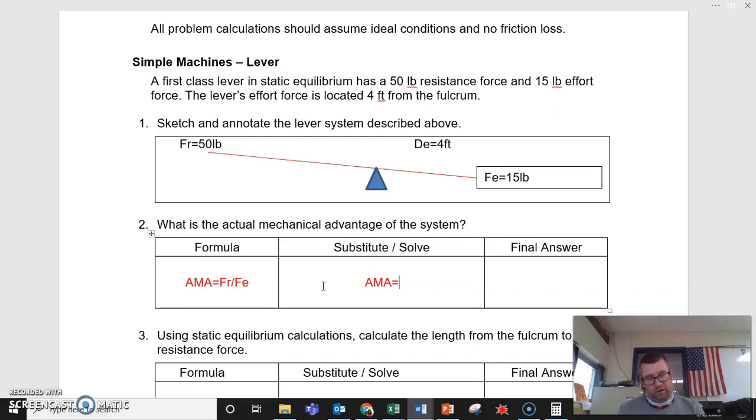We're going to put in 50 pounds for FR and 15 pounds for FE. So then I come to my final answer, over to my calculator, which is off screen. 50 divided by 15 gives me a final answer of 3.33. Now, there are no units associated with the mechanical advantage because it's ultimately just a ratio.